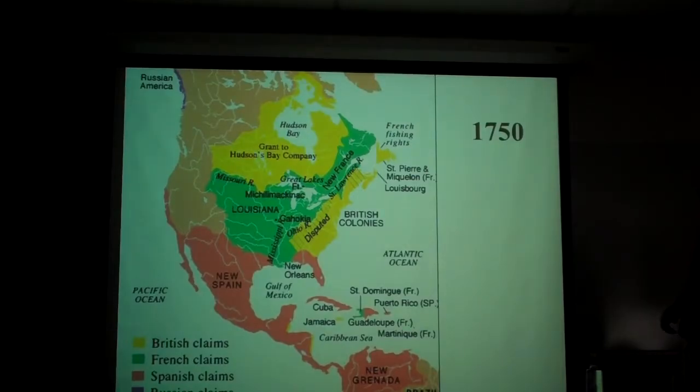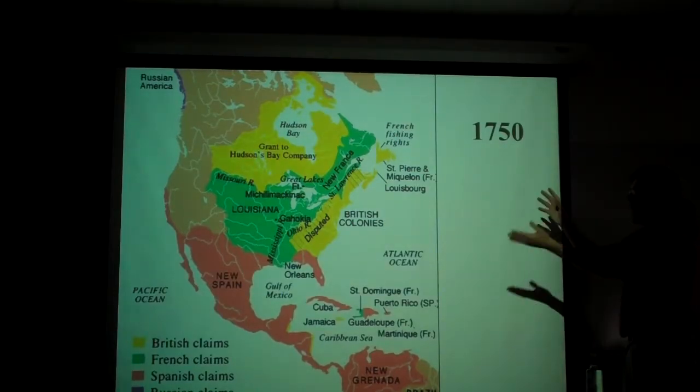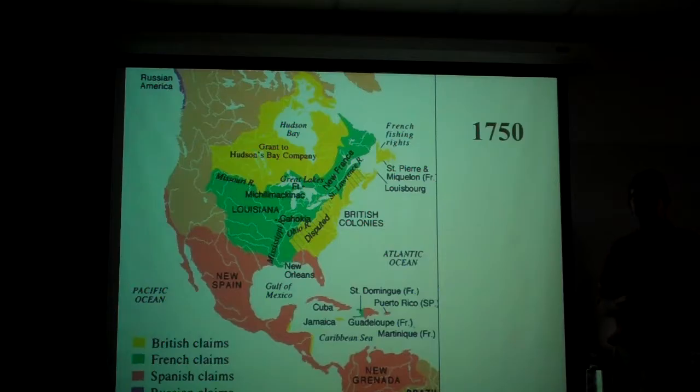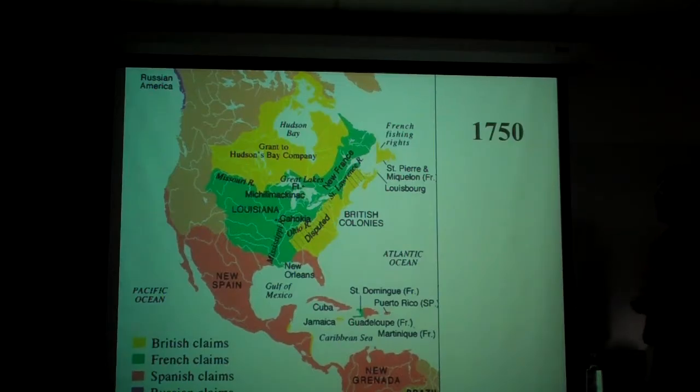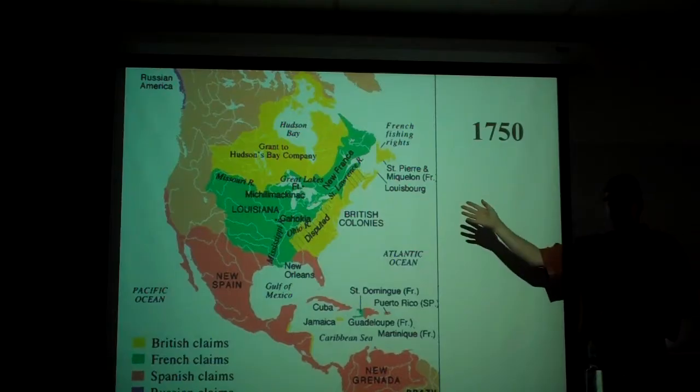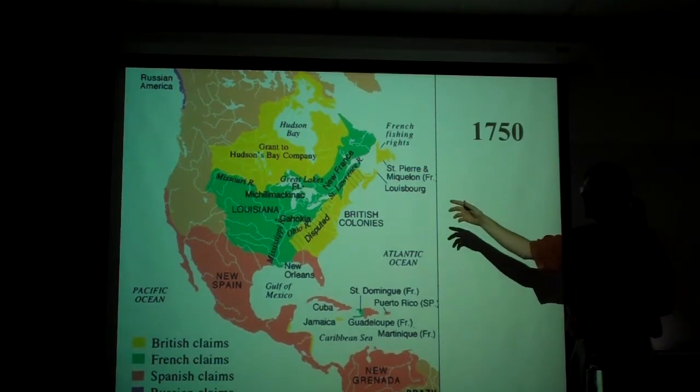So, if we look at just the map of the control of North America, and this is what the countries claimed, and of course, as they always did, this ignores the people who actually lived there, right? The various native groups that still lived across all of North America. But in terms of European control, the yellow on this map is what the British claimed.